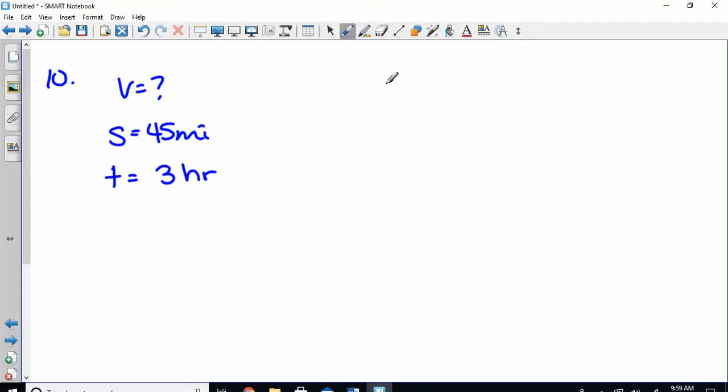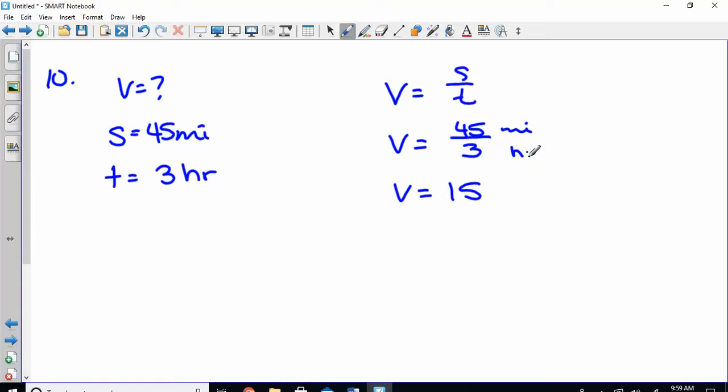Using our formulas, we need a formula with V. We have V equals S over T on the board. So it's just 45 divided by 3, which gives us 15. S was in miles, T was in hours, so miles per hour.